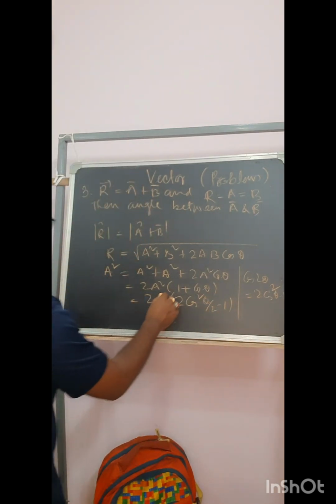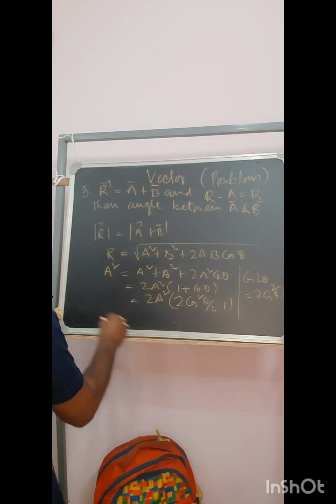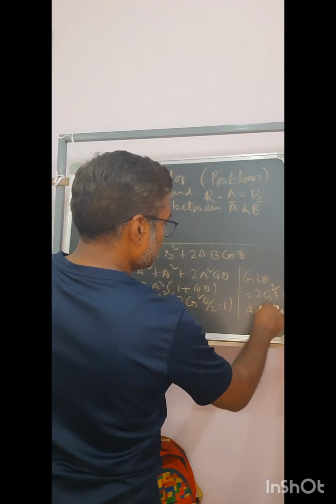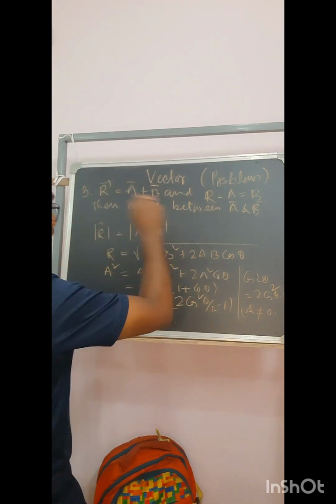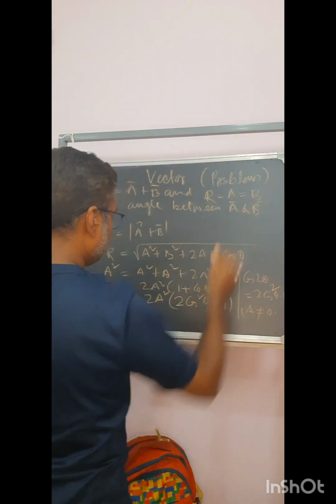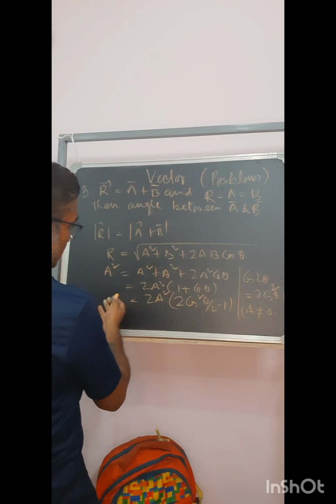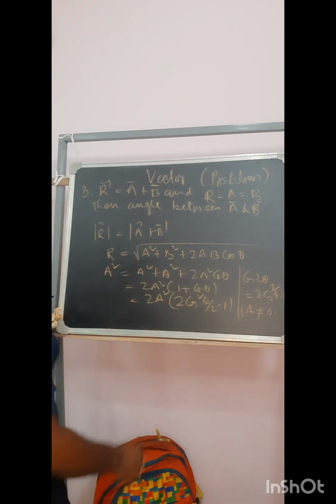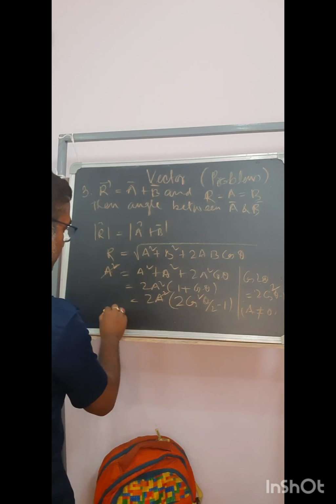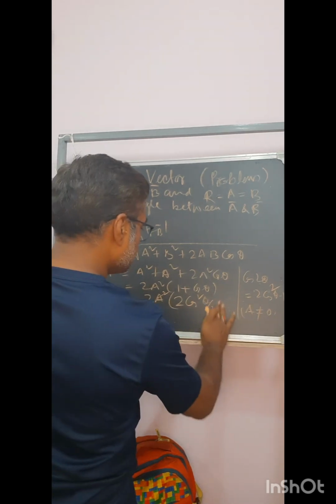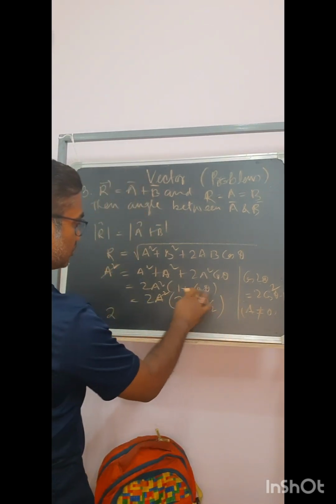Now this is A square. A is not equal to the 0 vector, it cannot be a null vector, you can assume it, because these are distinct vectors. If A is 0, they are all null vectors, so there would be no question of applying the parallelogram law. So A can be cancelled out.